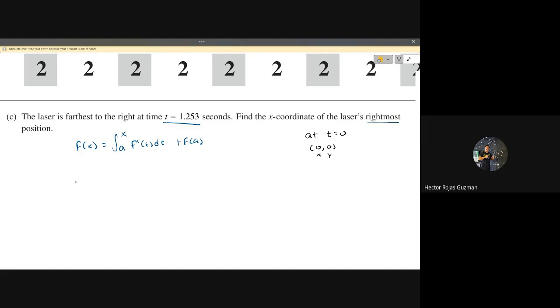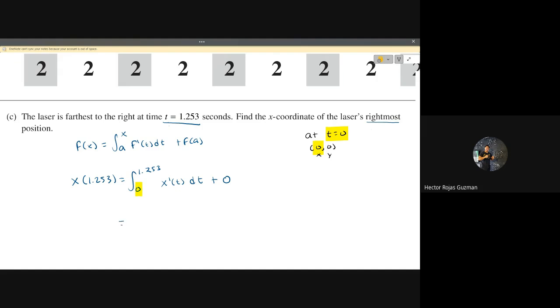So if I want to find the x coordinate's position at 1.253 seconds, that means I'm going to be integrating from 0 to 1.253, 0 because that's the initial condition, of x prime of t dt plus, again, the initial condition at t equal to 0, the x coordinate has a position of 0. And you don't even have to write the equation for x prime. You can just set it up like this.